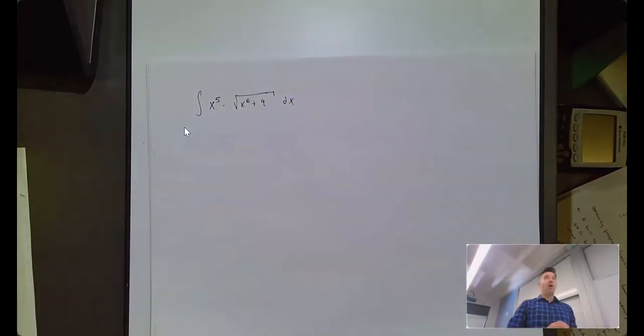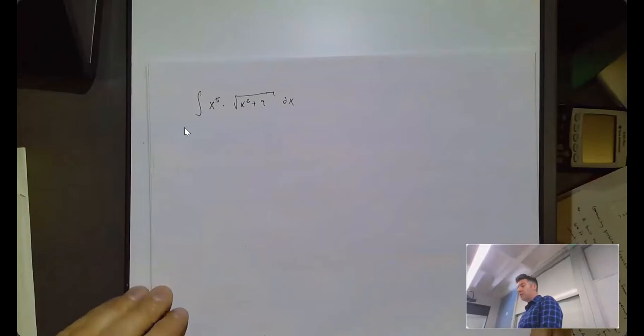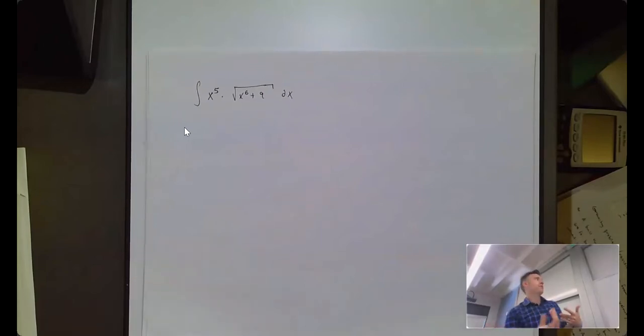Okay, so from all the stuff we just said, what should be the thing I pick for u? What seems like a good choice? Yeah, x to the 6th plus 9. I feel like I maybe heard someone say the square root. I don't actually want the square root part. I just want the stuff inside the square root.